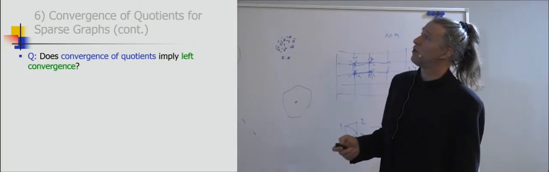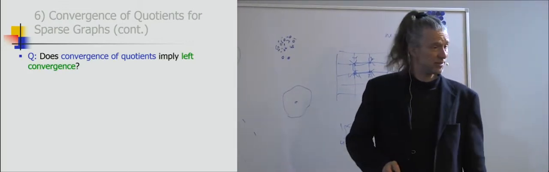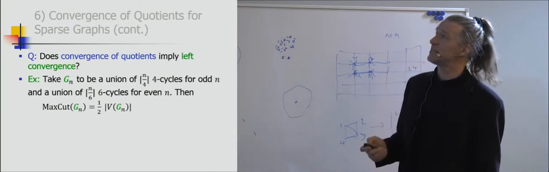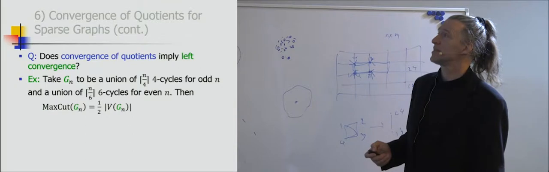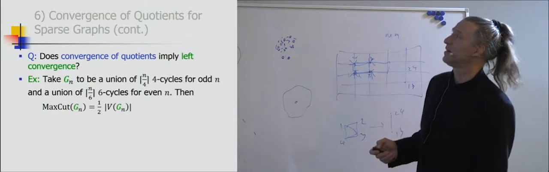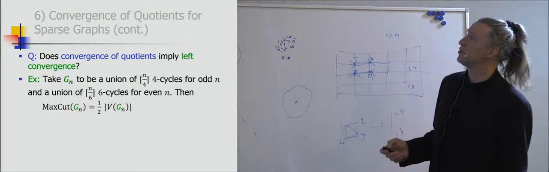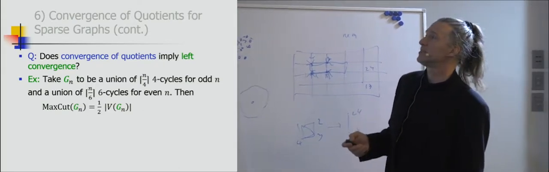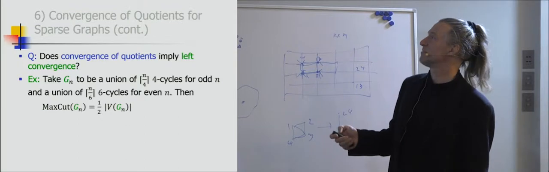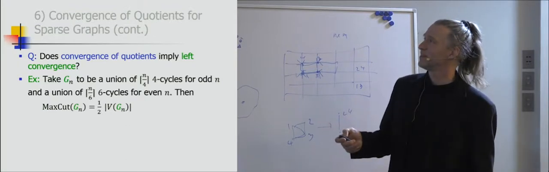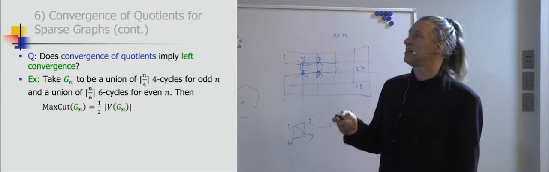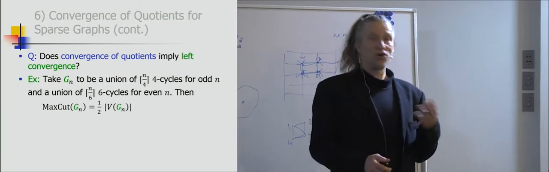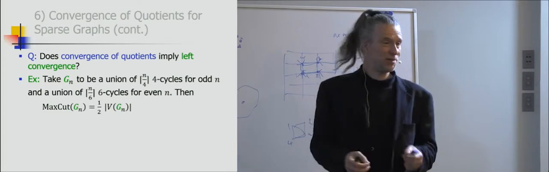Okay, so maybe the other way around: quotients imply left convergence. Well, it turns out that's not the case either. There's a counterexample. For even n, you take a union of 4-cycles, and for the other parity, you take a union of 6-cycles. Now, clearly, they don't look the same in terms of left convergence.